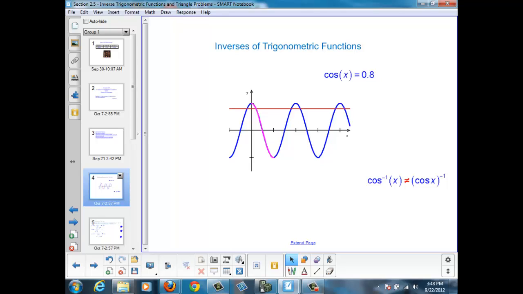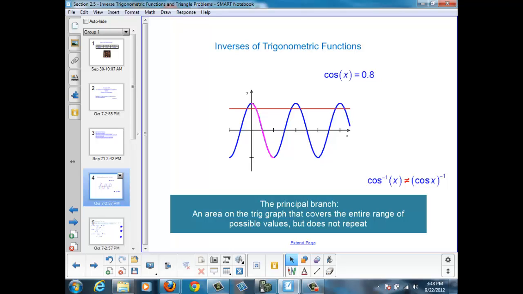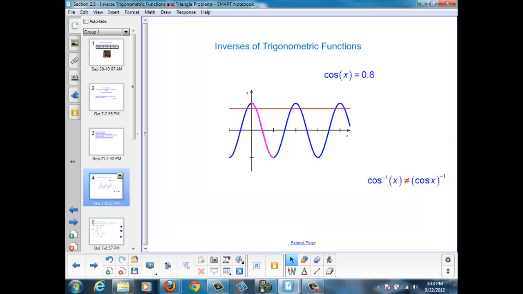We're going to select a region of the cosine graph that covers all possible outputs or ratios, but does not repeat. We'll define that area of the graph to be the principal branch of the cosine, resulting in a function for the inverse cosine.